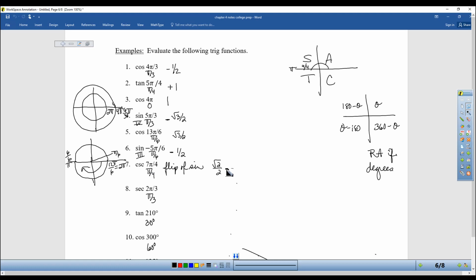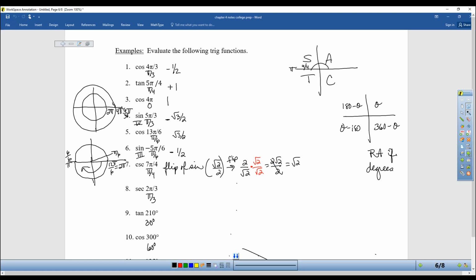So I need to flip that, so I'm going to make it 2 over the square root of 2. But you can't leave that radical in the bottom. So I'm going to multiply the top and the bottom by the square root of 2, and I get 2 square roots of 2 over 2. Then those cancel, and I just get square root of 2.